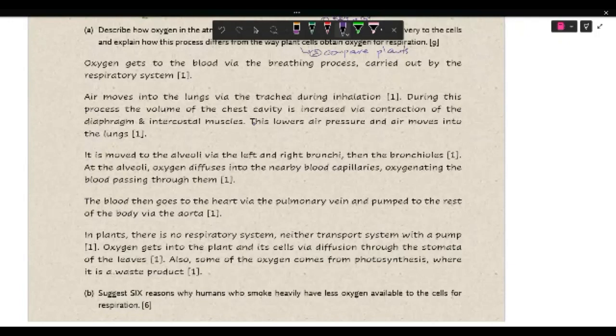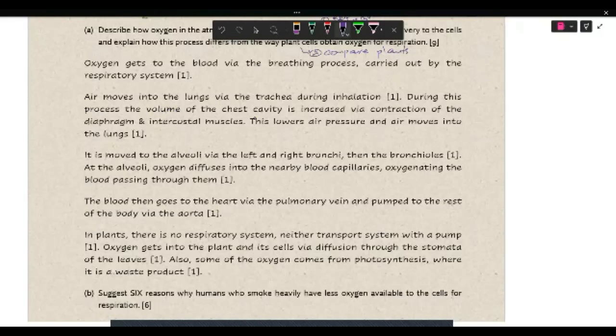What does it involve? We have the various parts of the respiratory system that are active during this process. First one is the chest cavity is increased. So that essentially is what you're doing, right? You are increasing the volume of the chest cavity.